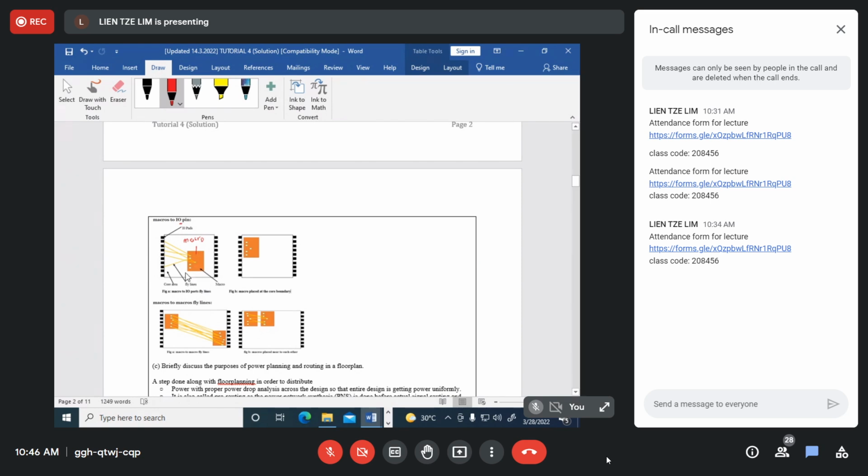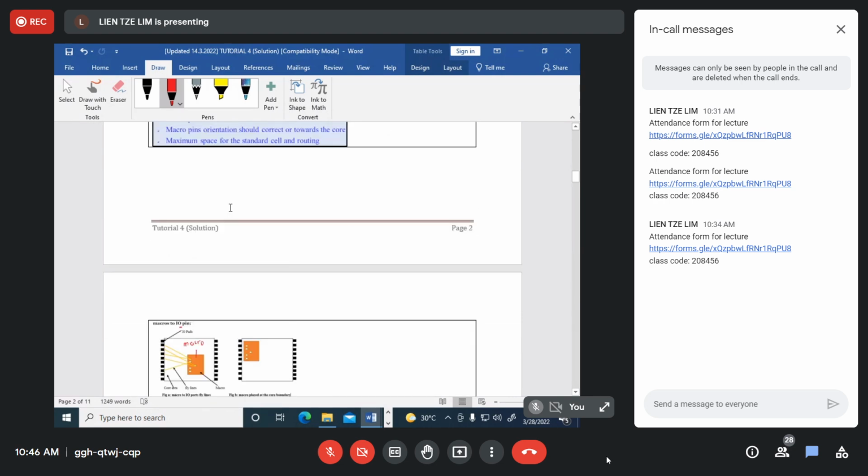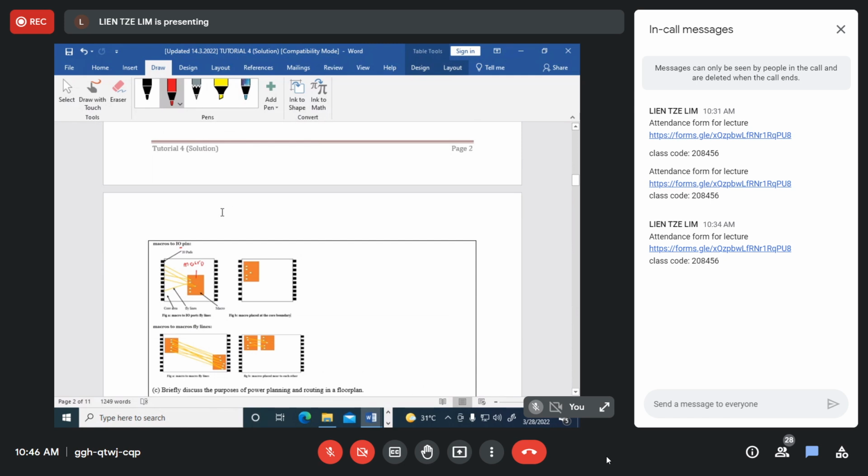According to the guideline, it's not stated here. But if you refer to lecture notes or any other reference book, the macros to the input output pins can connect in a fly line. But that is also based on certain conditions. We also need to make sure that the length of the wire is minimized and not very long.